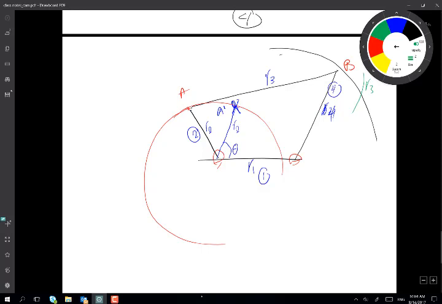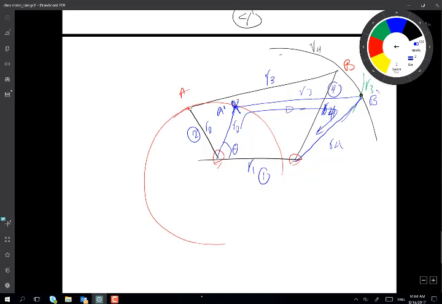This is going to intersect the radius R4 at a point, and this is going to be point B prime. Now this length here is R3, and I just connect those two points. That's R4 again. So this is a new position of the linkage.